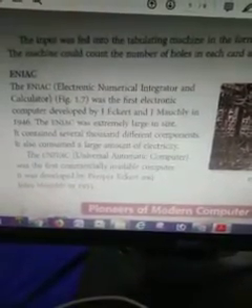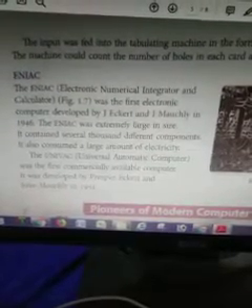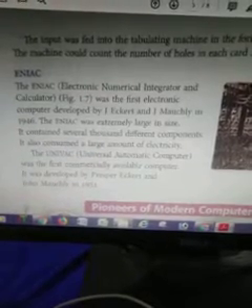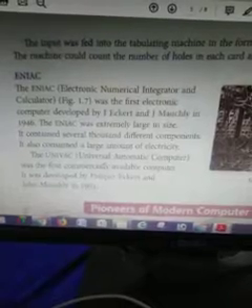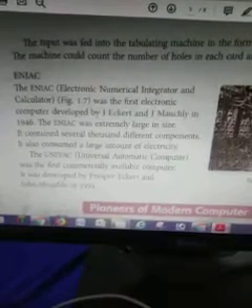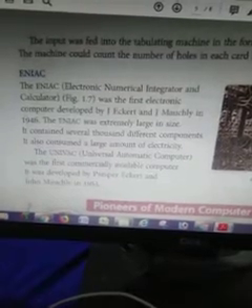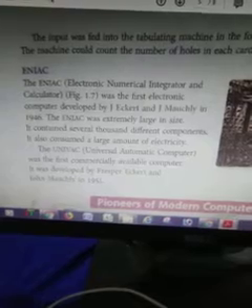The size of this computer was 20 by 20 feet. It consumed a large amount of electricity, 150 kilowatts per hour. There are near about 1 million joints in this computer.